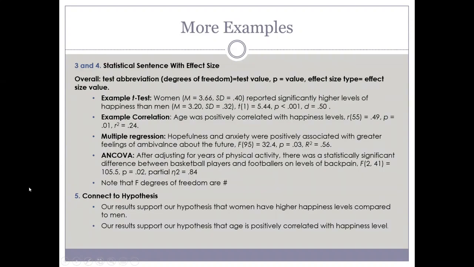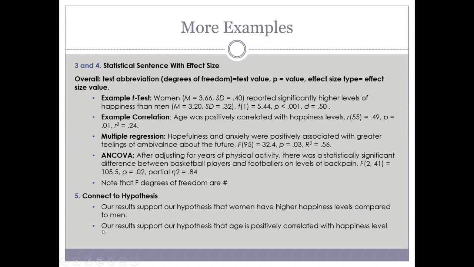All right, so lastly, examples on how to connect this to your hypothesis. So you've done your analyses, and now you need to connect them to what your hypothesis is. So our first example reads, our results support our hypothesis that women have higher happiness levels compared to men.